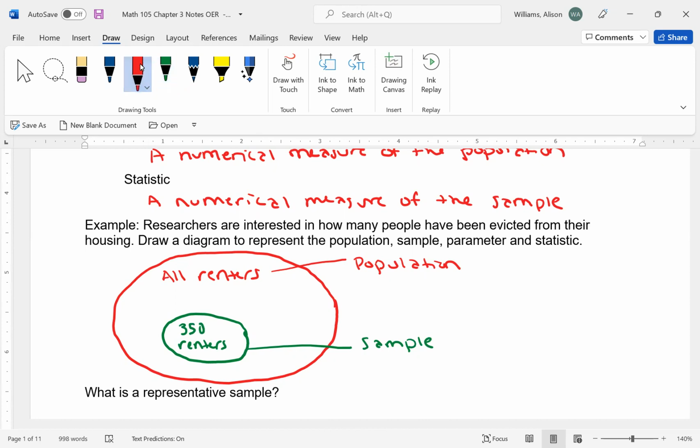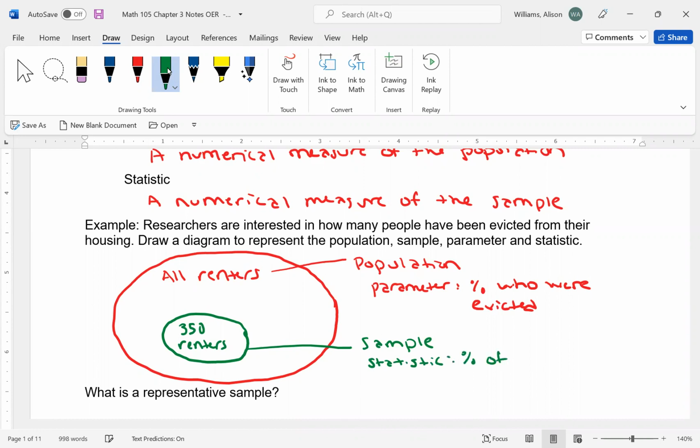Okay, so the parameter in this case, what we're measuring is, because we're interested in how many have been evicted from their housing, that would be measured as like a proportion or a percent. So the parameter here would be the percent who were evicted. So that would mean that the statistic is specifically the percent of the 350 who were evicted. So looking at our little subset of the bigger group.